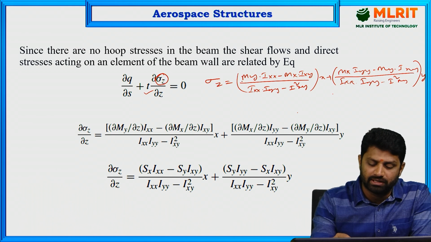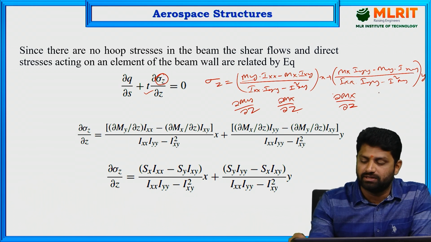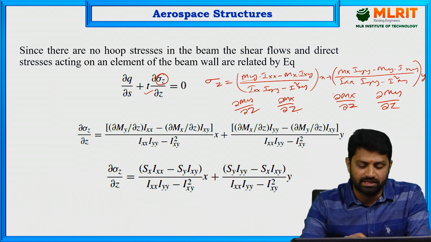You are going to write dou my by dou z, and here also dou mx by dou z, and here dou mx by dou z, and here dou my by dou z. Now you know the relationship, that is what you have written here.